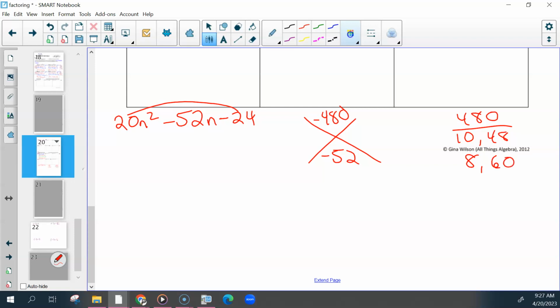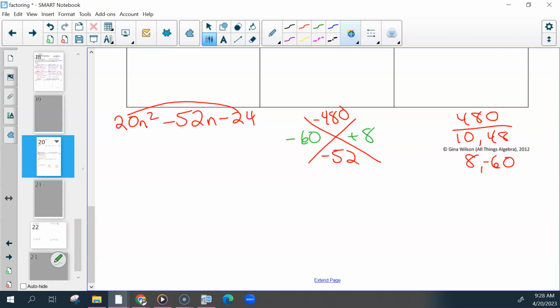If one of them is negative, which one would be negative? 60. We did find it. So you could start at 1, 2, and go up from there, but if the numbers end in a 5 and a 0, maybe don't do that, because this might help you. Right? So negative 60 and positive 8.